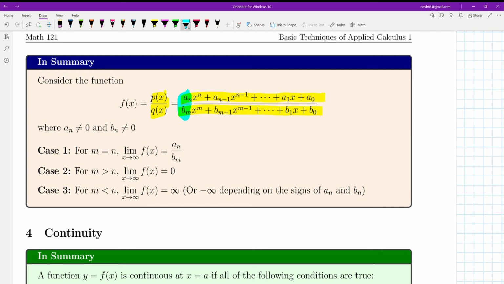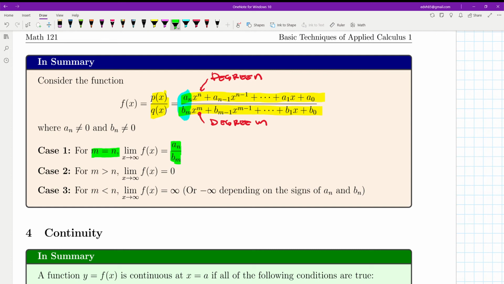Right, no, not the coefficients, rather it's the degrees of the polynomials. So degree n over degree m. All right, so when you look at these polynomials and the degrees of the numerator and the denominator are the same, all you have to do is look at the ratio of the leading coefficients, and that's your limit.